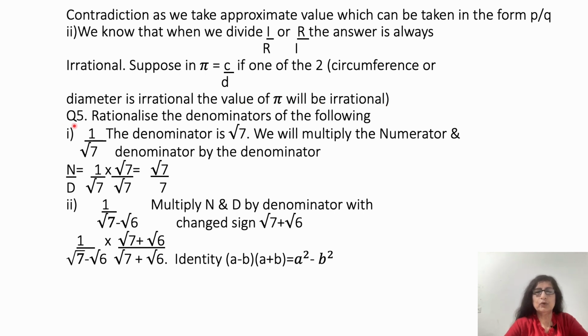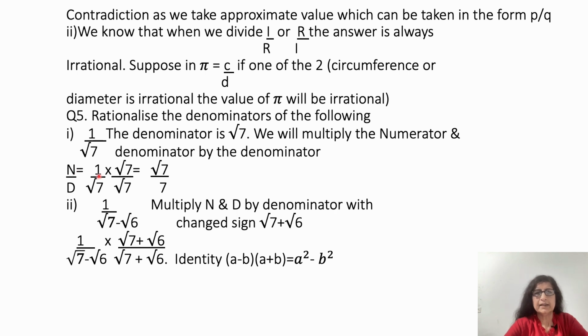We move on to question number 5. Rationalize the denominators of the following. Part 1 is 1 upon under root 7. The denominator is under root 7. We multiply the numerator and denominator both by the denominator.